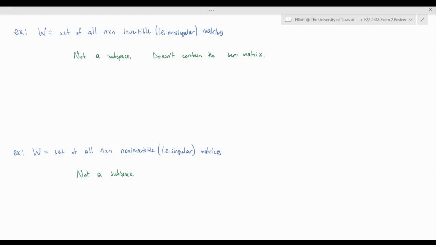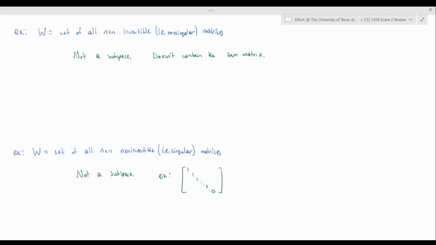In this case, you can show that it's not going to be closed under addition. So for instance, you can take a matrix that looks like the identity, except let's say that the very last entry is 0.